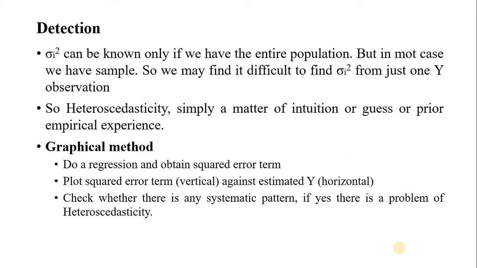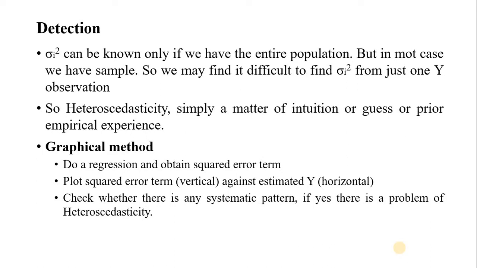Then plot u cap square against the estimated y cap, with u cap square on the vertical axis and y cap on the horizontal axis, and check whether there is any systematic pattern. If there is a systematic pattern, there will be a problem of heteroscedasticity.